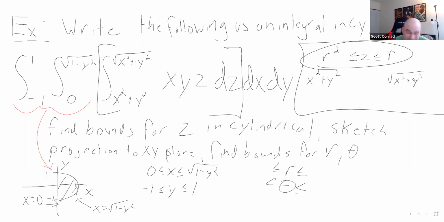And I want to emphasize, you need to sketch this because you can't get the bounds directly from just like plugging in stuff in polar in here. It doesn't quite work like that. Okay, so we get the right half of the disk of radius 1 centered at the origin. So r is going to go from what to what?